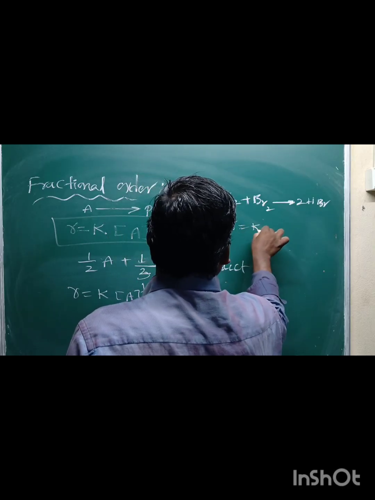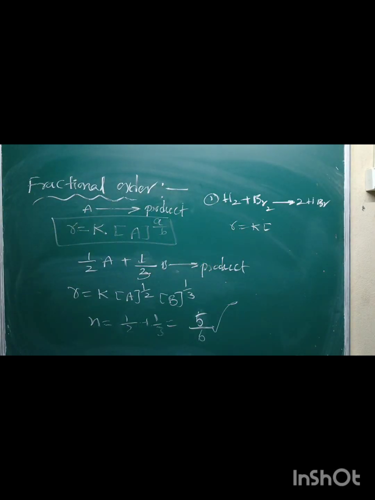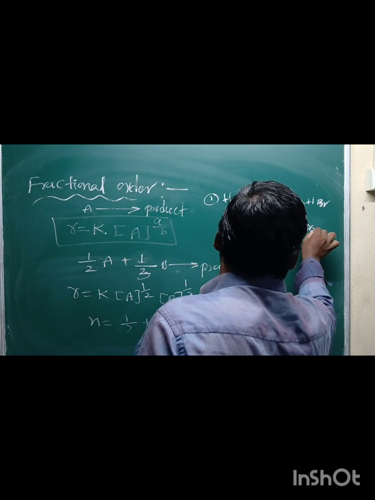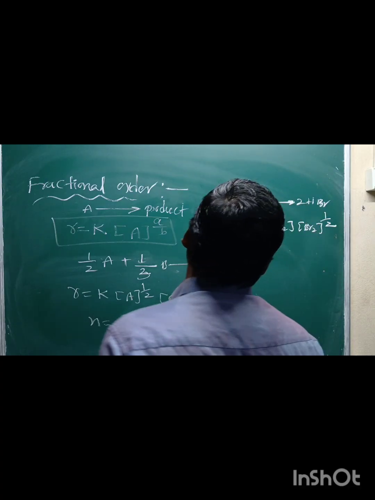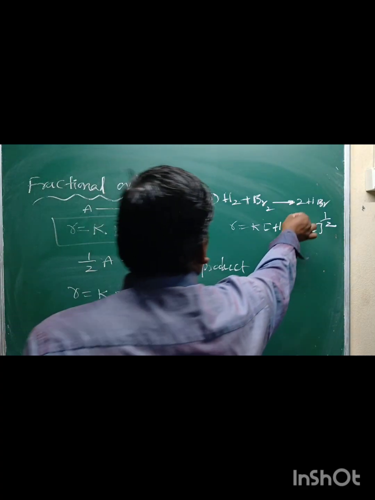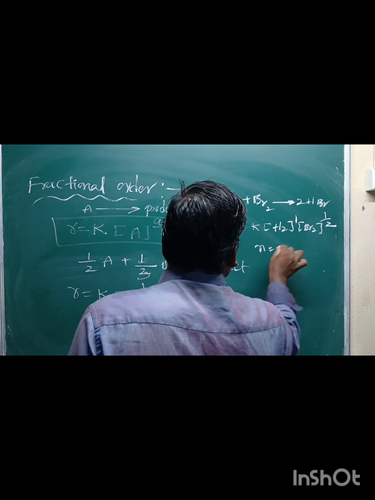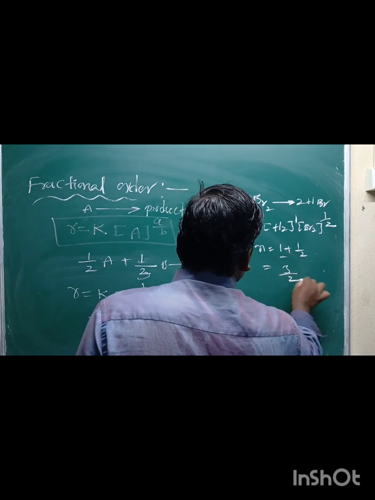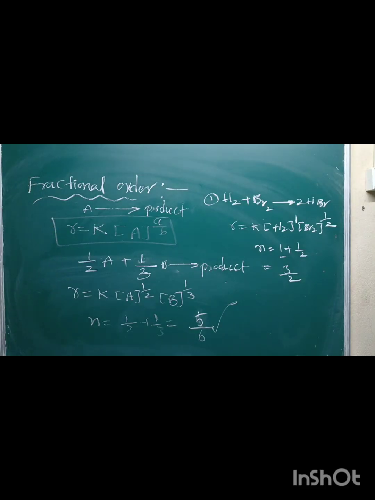R is equal to K into concentration of H2 into concentration of Br2 whole power 1/2. You can observe here the sum of the powers, n is equal to 1 plus 1/2, which is 3/2. It is a fractional value.